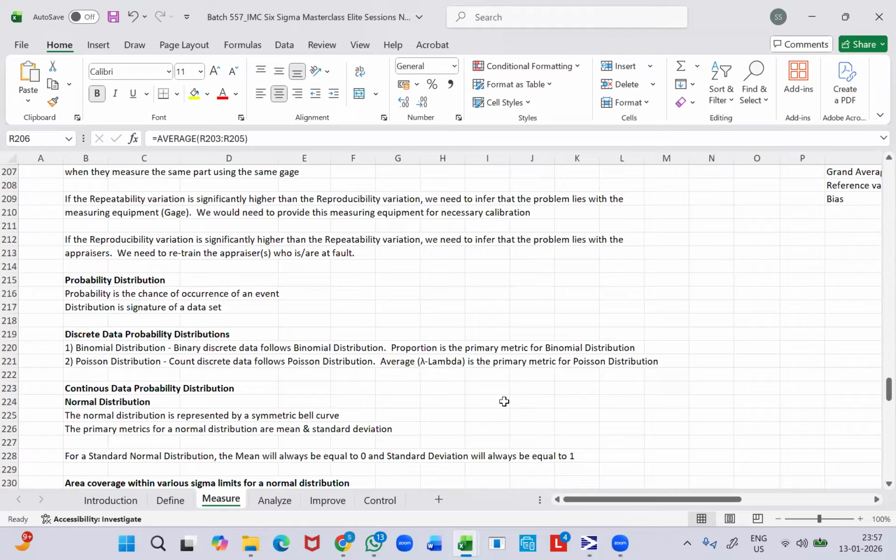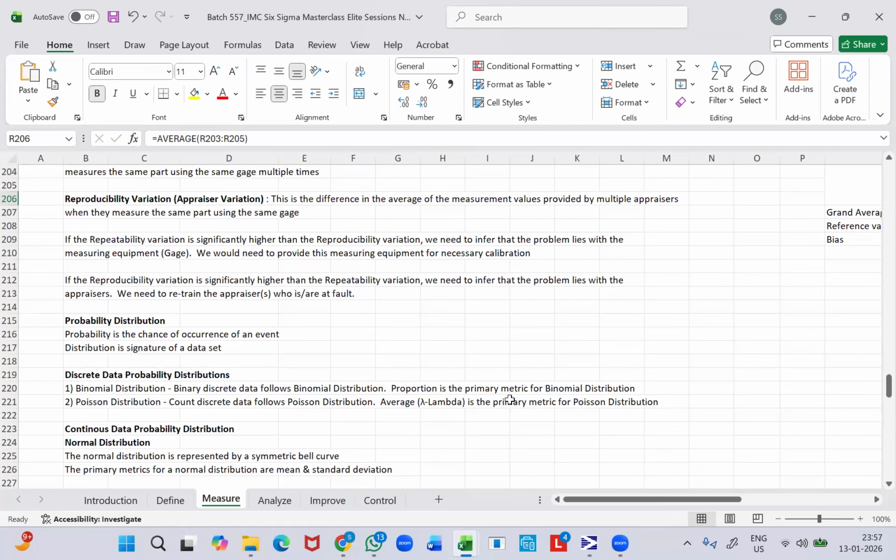Just like how we have proportion as the primary metric for binomial distribution, and average denoted by lambda as the primary metric for Poisson distribution, for normal distribution we have two metrics, mean and standard deviation. These two are the primary metrics for representing normal distribution.